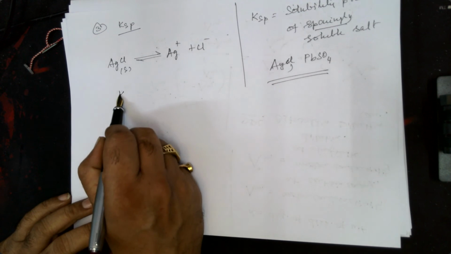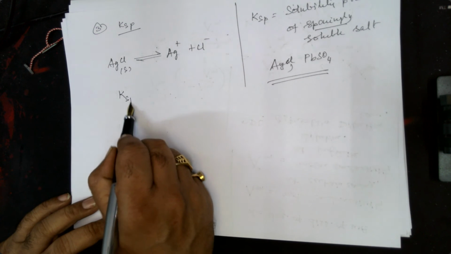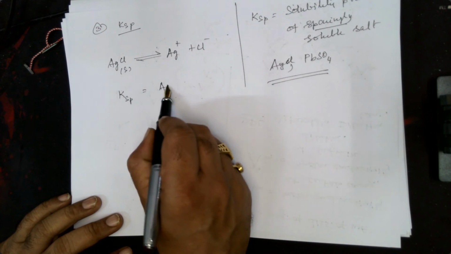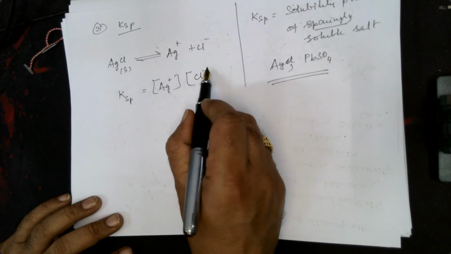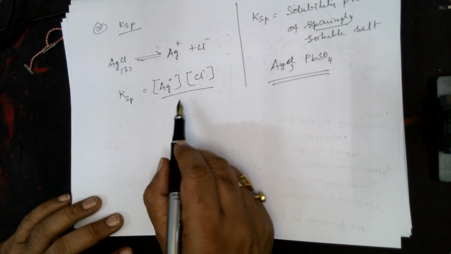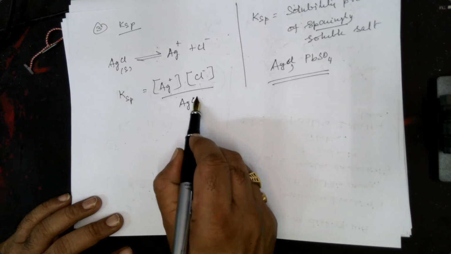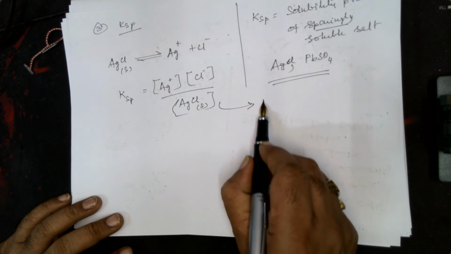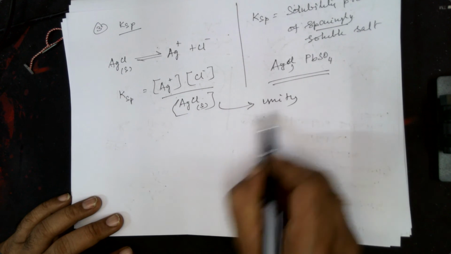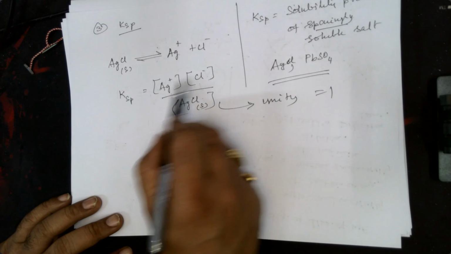So what is the KSP for this? That is equal to Ag plus concentration into Cl minus concentration divided by the AgCl solid concentration. This is taken as unity, that is 1, so you can remove this.